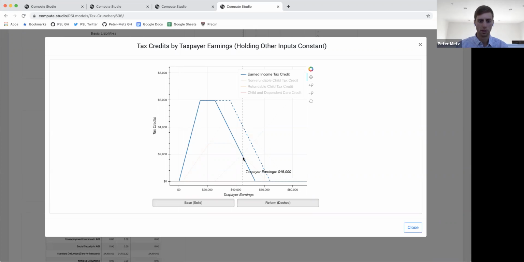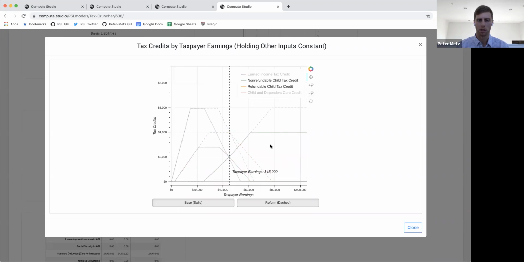And so we can see that our taxpayer is getting about an extra $2,000 of this refundable EITC, but the slope being the same means that our marginal tax rates actually don't change as a result of this EITC reform.